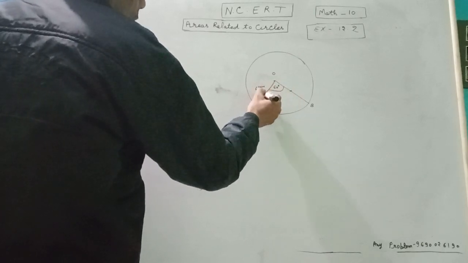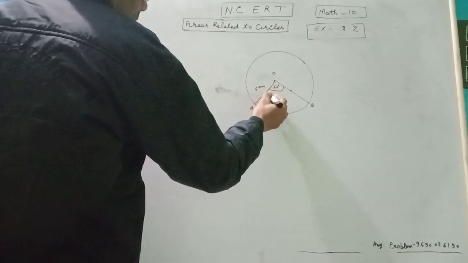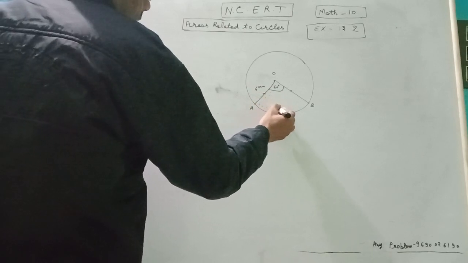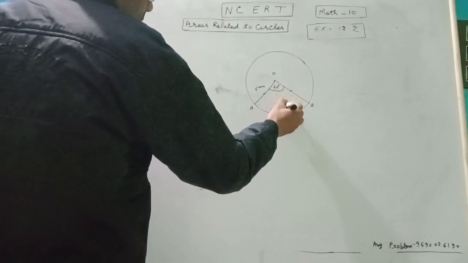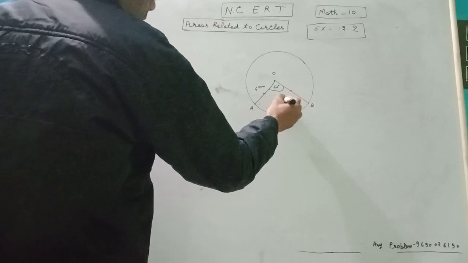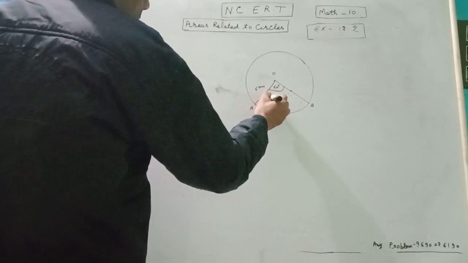OA is equal to OB, radii of the circle. We find the area of the sector, whose angle is 60 degrees.